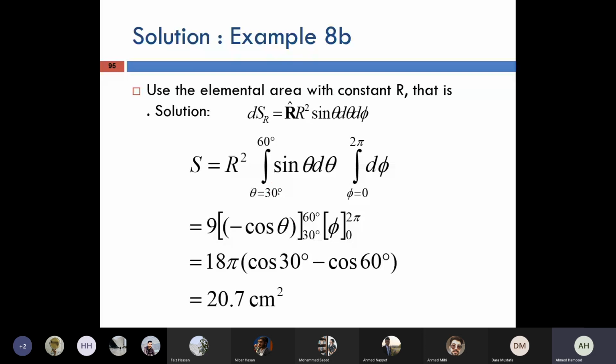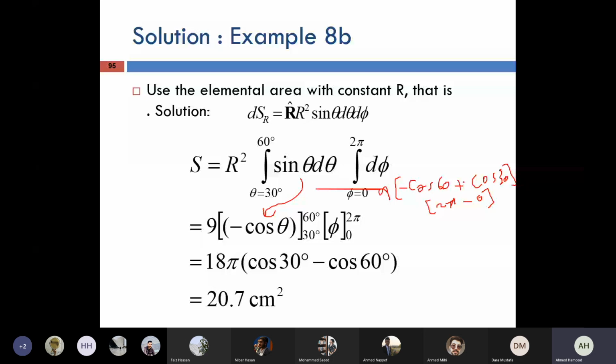To do the first integration, you have to convert it. Sine will be negative cosine. Then d phi will be 2 pi minus 0. So if you convert this part, you will have 9 negative cosine 60, then negative, and this negative becomes positive, cosine 30, then multiplying by 2 pi minus 0.